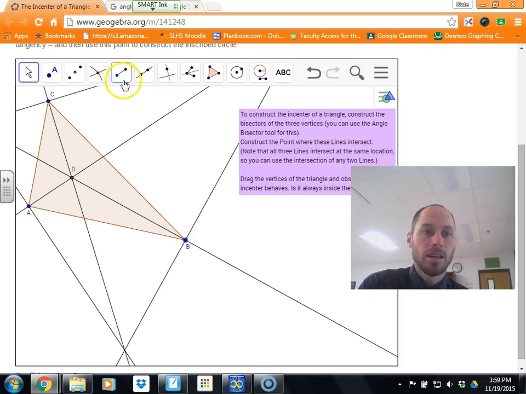Prepare to be amazed. Remember, the perpendicular bisectors met at the circumcenter, and that's the point where there was a circle circumscribed, or the triangle was, tongue twister. The circle was written outside the triangle.